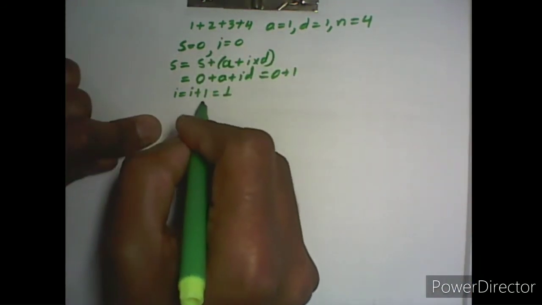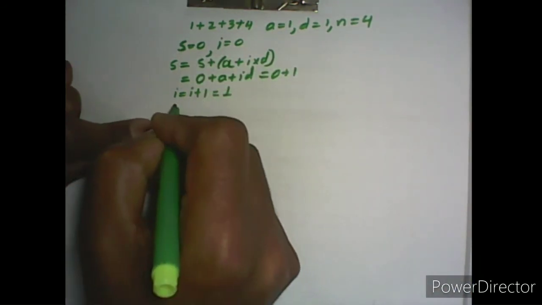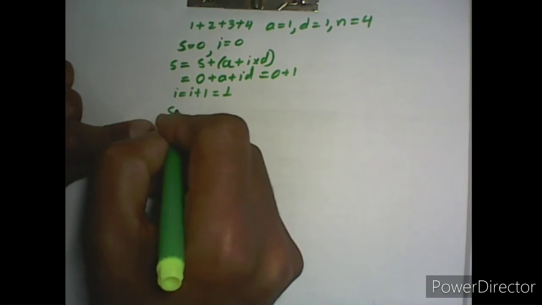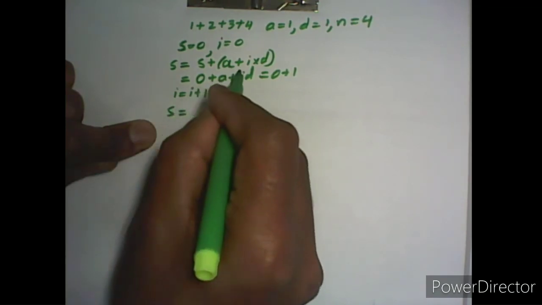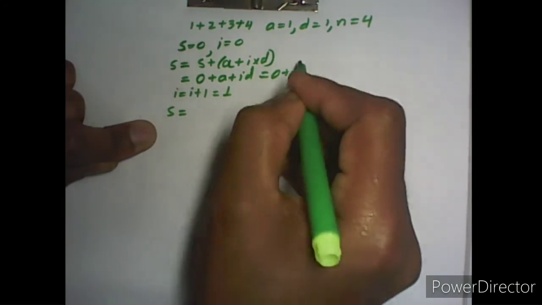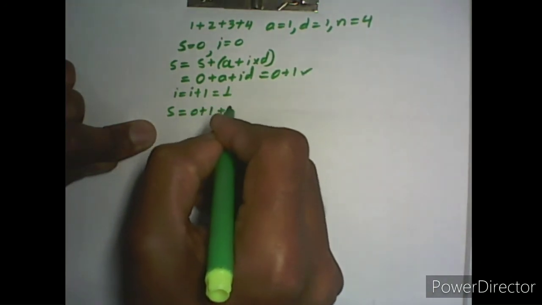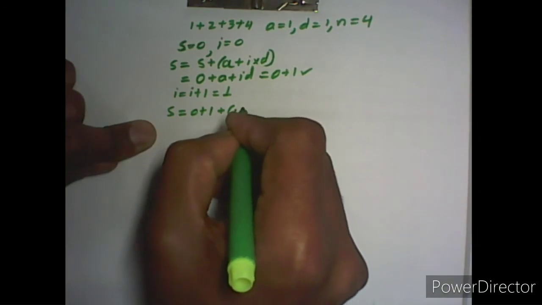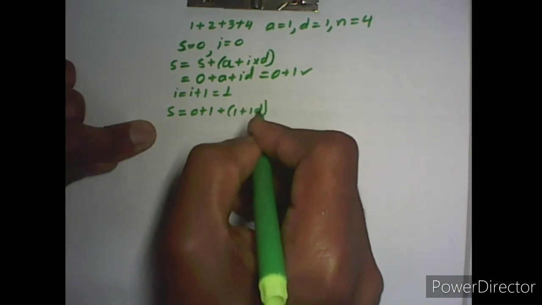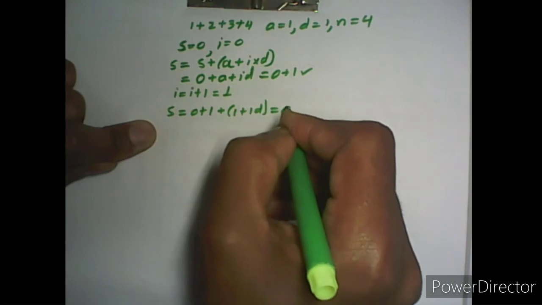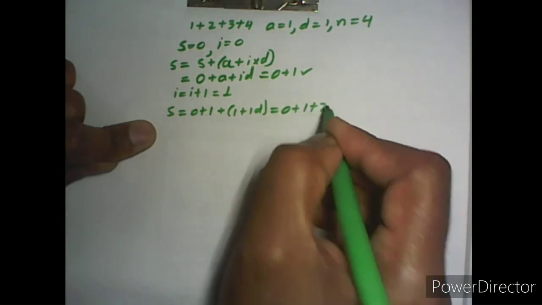So I obviously is less than 4, so I is equal to 1. So again it will do s is equal to s plus a plus id. So what is the earlier value of s? This is 0 plus 1, plus a plus id means 1 plus 1d. Okay, so this becomes equal to 0 plus 1 plus 2.